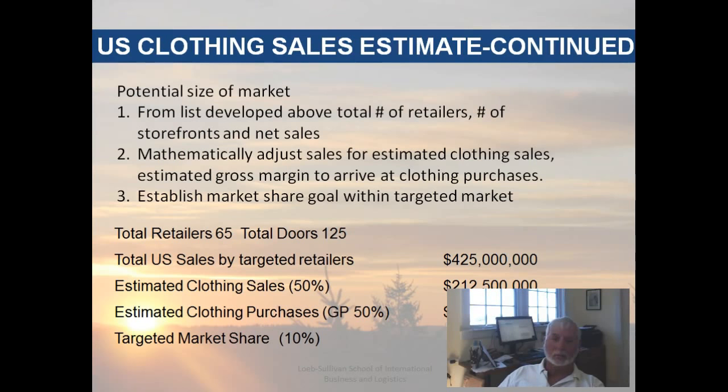Nationally, I did the same thing and came up with 65 retailers with a total of 125 stores, doing total sales of $425 million. That's retail sales, 425 million. I estimated, because I know the industry, that about half of their sales would be clothing, and the vast majority of my sales would be clothing.